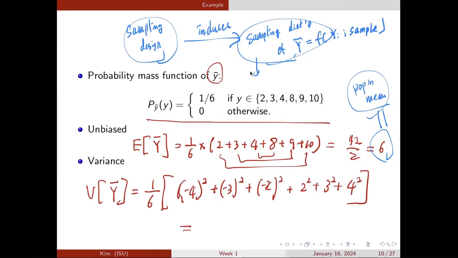So that is basically 1/3 times 16, 9, 4, 29 divided by 3, which is 6 or something.